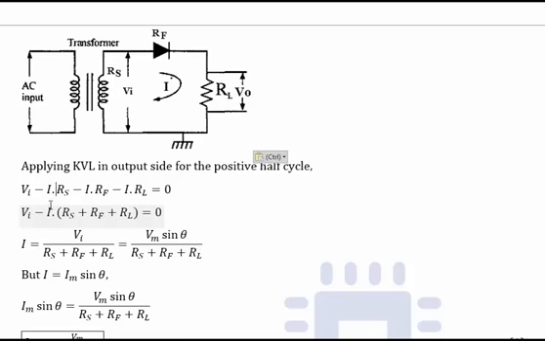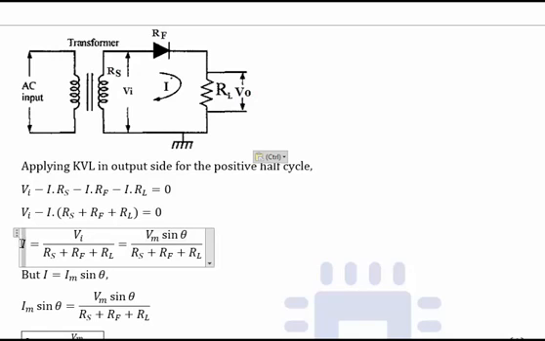So the next step: the current I is common in these three terms, so I am taking this current outward common. And if I take I on the left hand side, you will get Vi divided by the whole bracket. We know that Vi is the sinusoidal signal at the input of a rectifier, a complete sine signal. So it can be represented by Vm sine theta, and I can be written as Im sine theta.